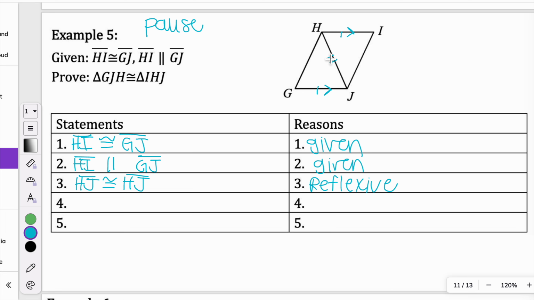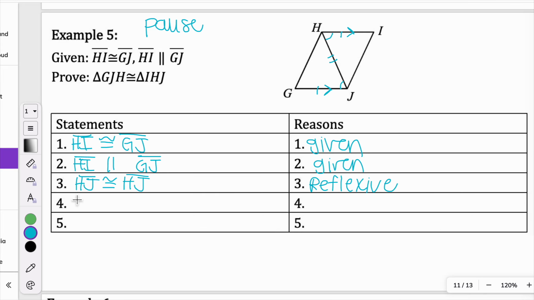And then I still need either another matching side, which I can't prove HJ is congruent to IJ with another reasoning, but I could say that angle IHJ is congruent to angle GJH using alternate interior angles theorem.